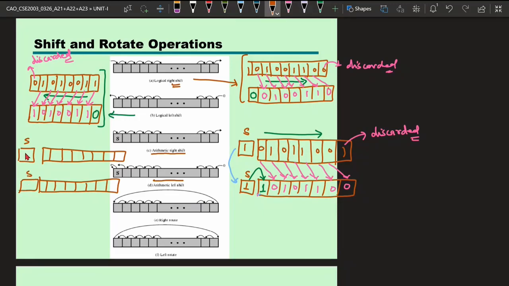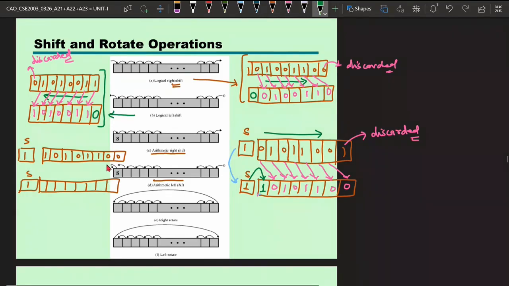Suppose the sign bit content is 1, and the content of the register is this, and we need to shift it to the left side.